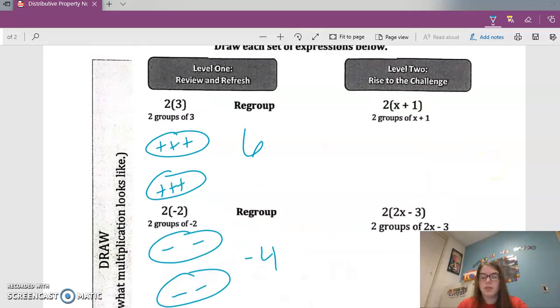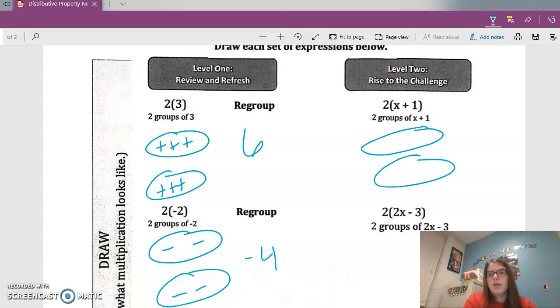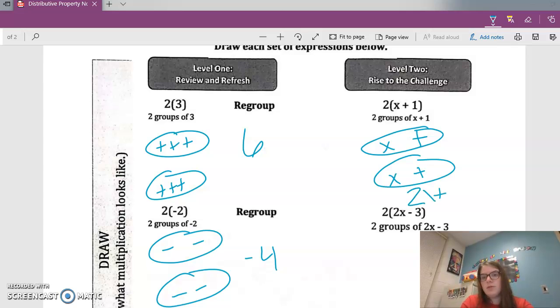So what we're going to start seeing more of today is, for example, two groups of x plus 1. I have two groups, each with an x plus a 1, so I have two x's plus two integers.